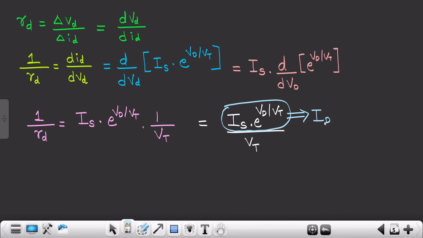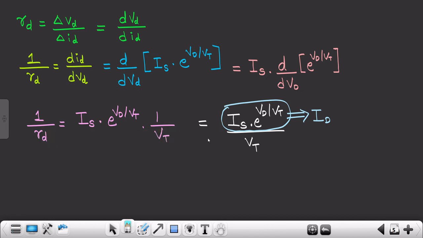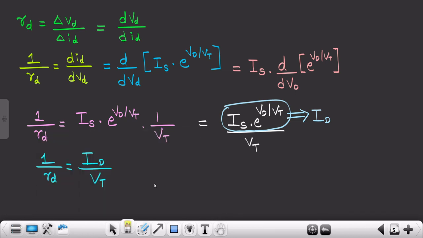So my 1 by rd is equivalent to id by vt. Now I will again take the reciprocal, or I can do cross multiplication, it's one and the same. Therefore the value of rd is equivalent to vt by id. I hope you understood this concept.